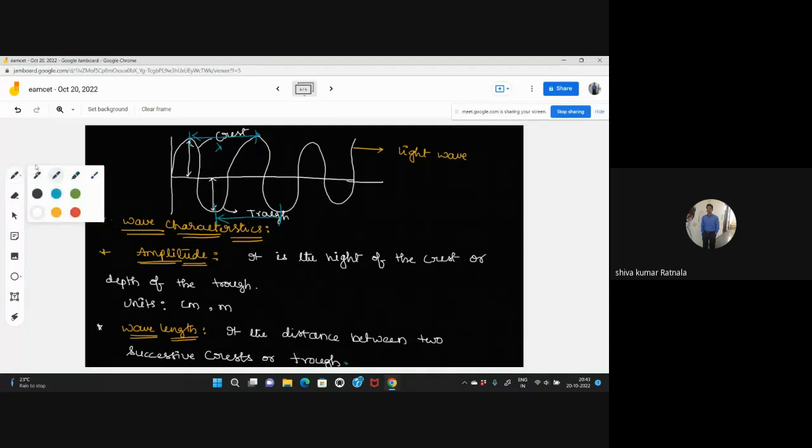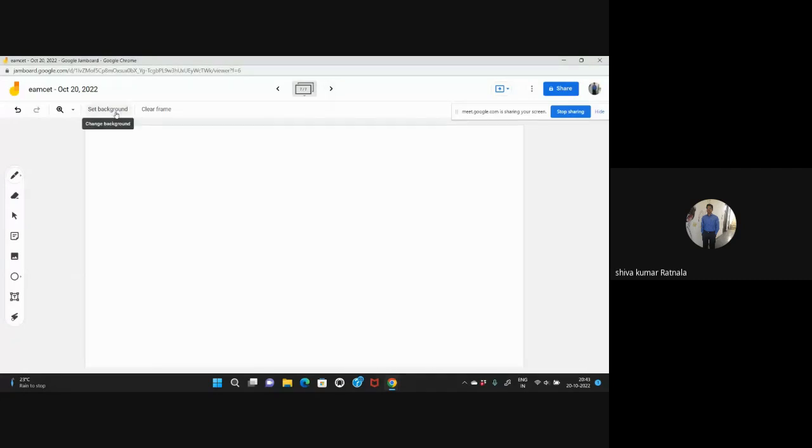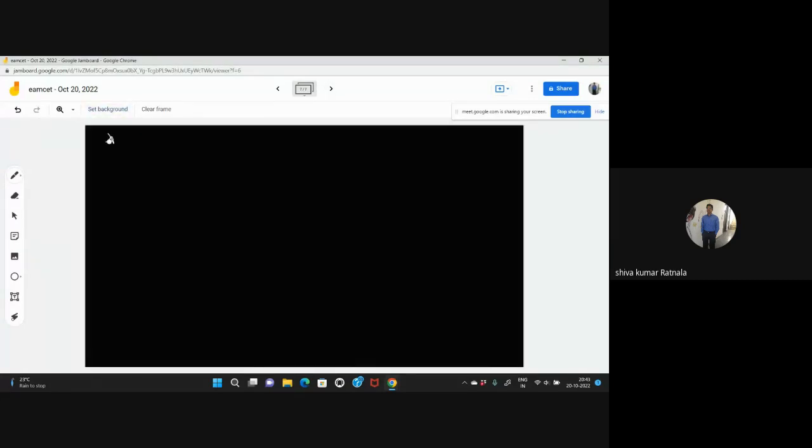This is represented with lambda. We will pronounce it as lambda.